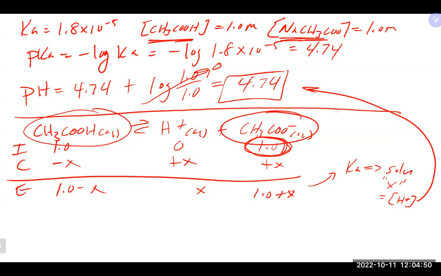The only way it would shift equilibrium, if you decide to add more acetate, is to the left, and it would cause less H plus. The pH, I won't say go basic, but it would be higher than 4.74, which is around what the pH of acetic acid would be in that solution. So you'll see it shift up a little bit if you add some acetate to that.